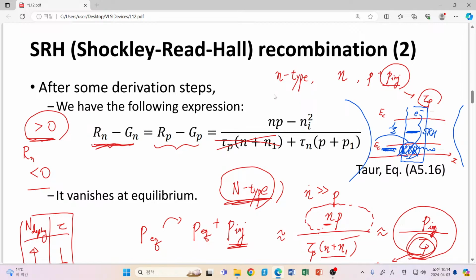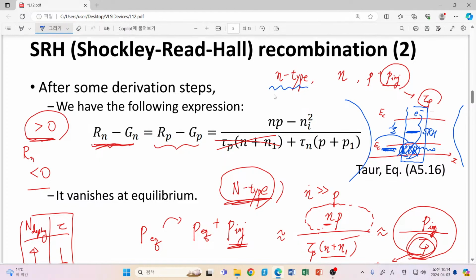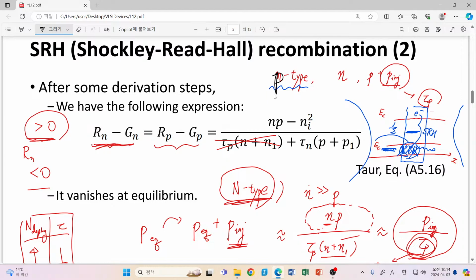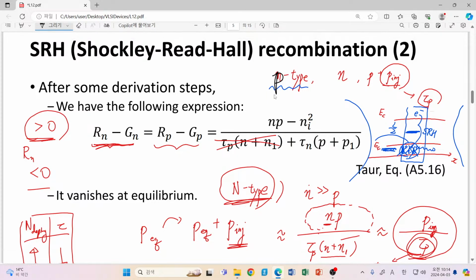However, that was all related with an N-type sample. But now assume that instead of this N-type sample, we have a P-type sample. There are tons of holes in this system, and now we introduce even additional holes in this system.